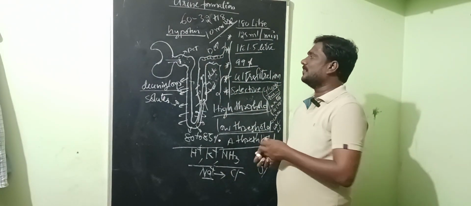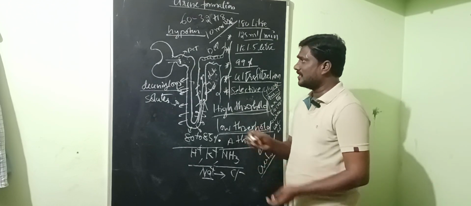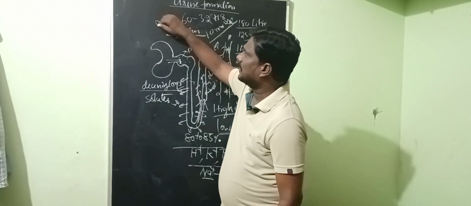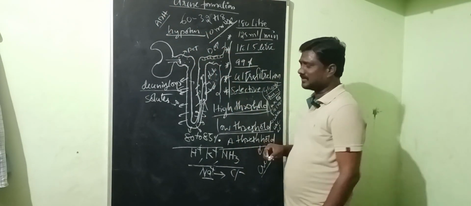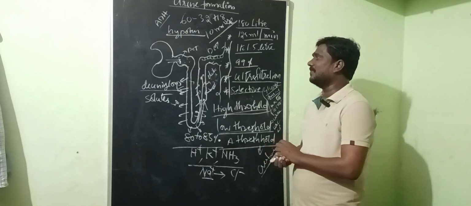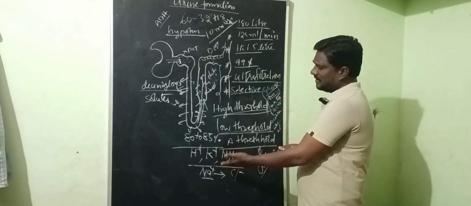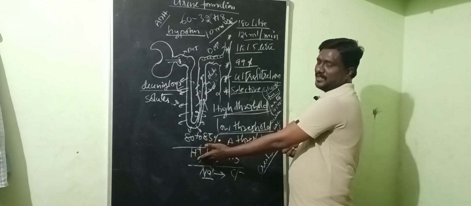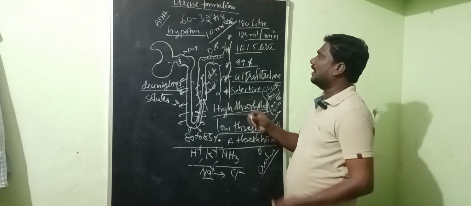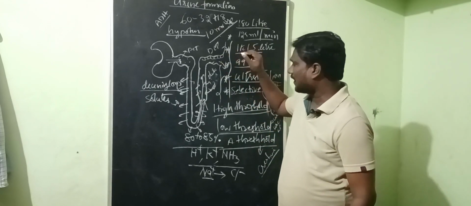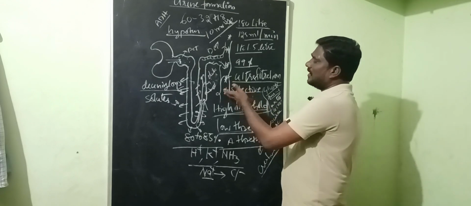But in some special conditions, under the influence of ADH, anti-diuretic hormone, it reabsorbs water, glucose, and amino acids, and it also secretes hydrogen ions, potassium ions, and ammonia. All the remaining highly concentrated urine is sent into the collecting duct.